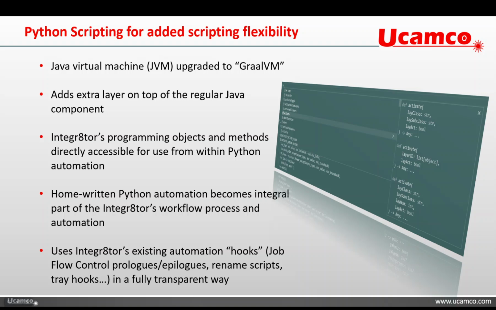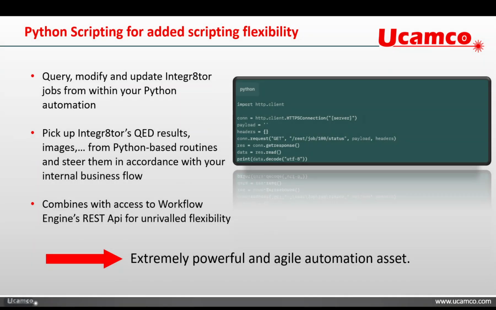And as I said before, what it uses there is basically the existing automation hooks, as we call them. I refer to these trays when a job comes at the end of the processing. It falls in what we call a certain tray. There are many different trays, but when it comes to a successful conclusion, the job will go into a particular tray, and to that tray you can write some home-written automation yourself, and so that automation can now be done in Python, and it's basically fully transparent for anybody who's going to have to use this.